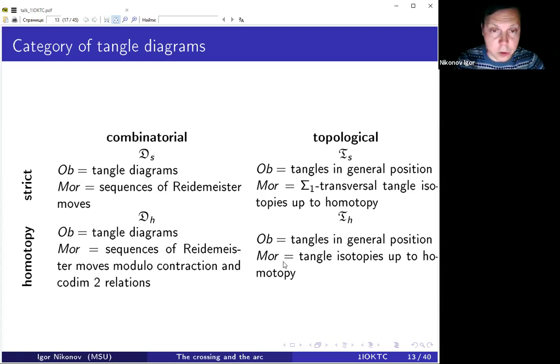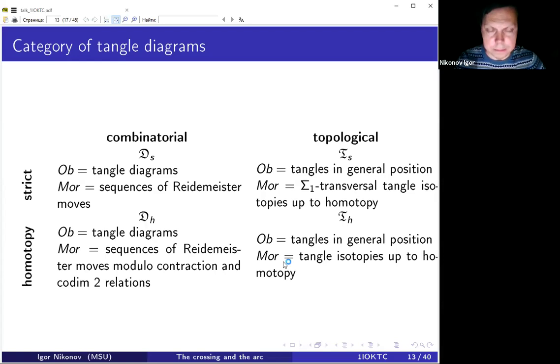A strict combinatorial category is just tangle diagrams with morphisms, which are sequences of Reidemeister moves. We just take a formal composition of Reidemeister moves, and concatenation of these sequences gives us a category.